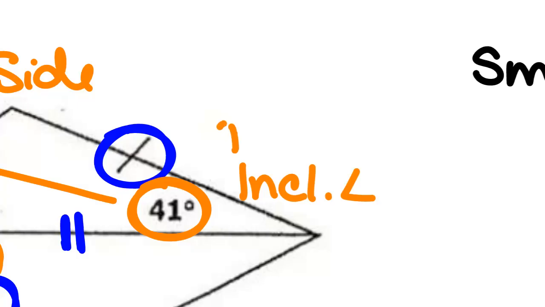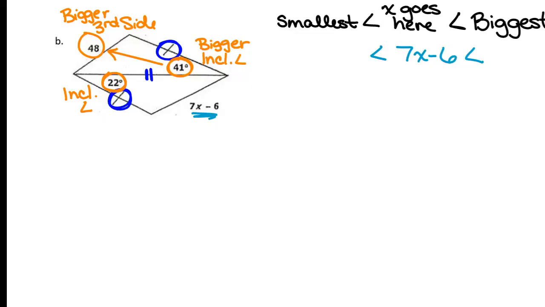Because 41 is my bigger included angle. Remember, whatever X is, if X is part of a side, then the other numbers that I put up here have to come from sides. They can't come from angles. If X is part of an angle, then the other numbers up here have to be from angles. Because it all has to be the same type of thing.